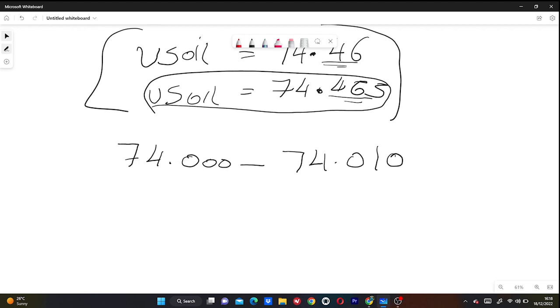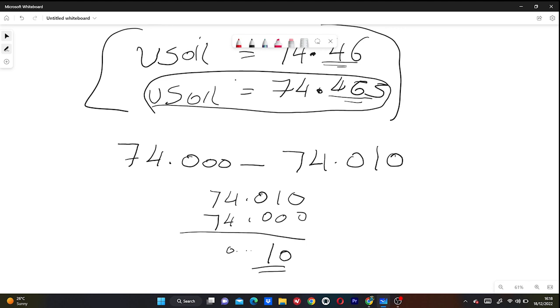Let's calculate. You take the highest value, which is 74.010, and minus 74.000. You don't count all the other values, but you can see it has moved by this digit, that is 10. So the market has moved by 10 points, because we start calculating from the right side.